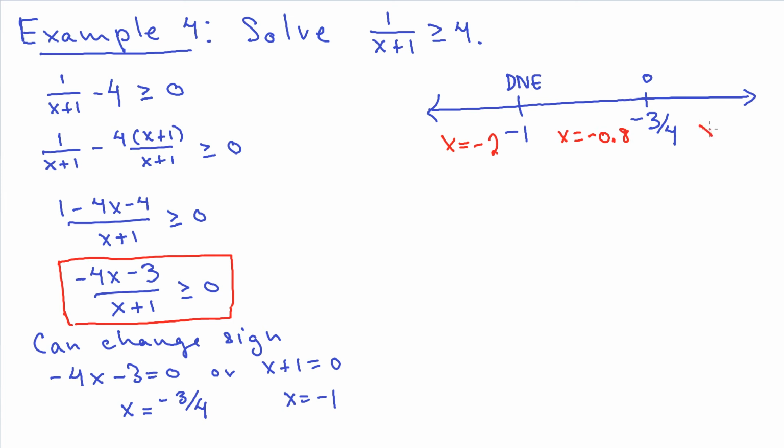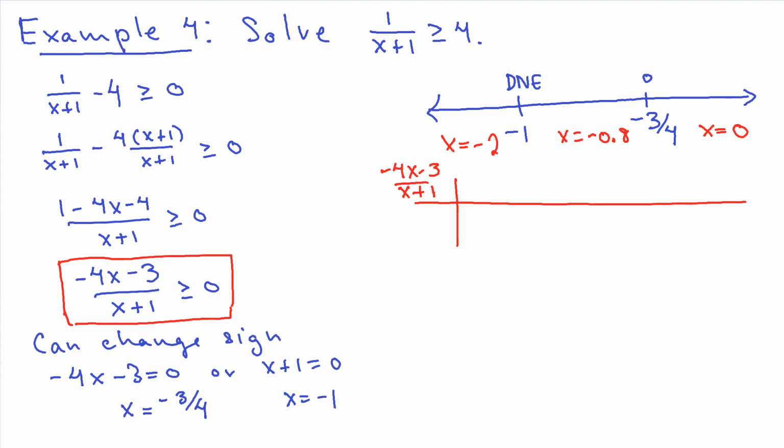And over here, I'm going to make my life easier. I'm going to plug in x equals 0. So I am plugging everything into -4x minus 3 divided by x plus 1. So I'm going to create a table for doing this. So this is -4x minus 3 over x plus 1.